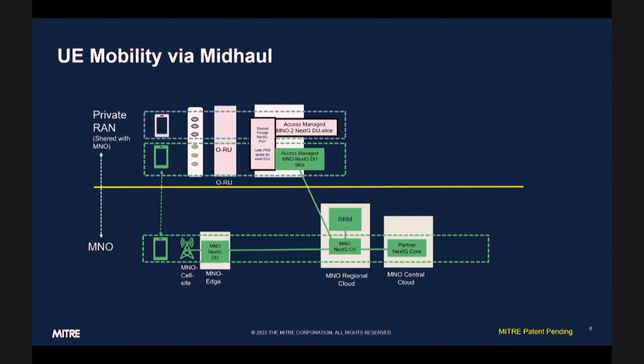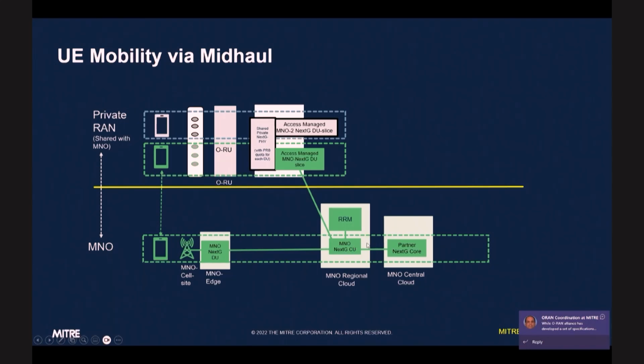Here, this is the private RAN as an example, which is deployed inside the campus, and it then connects via mid-haul to the CU of the MNO.